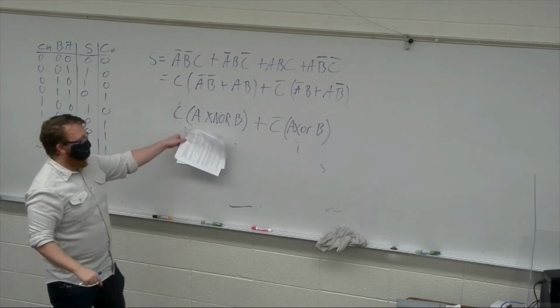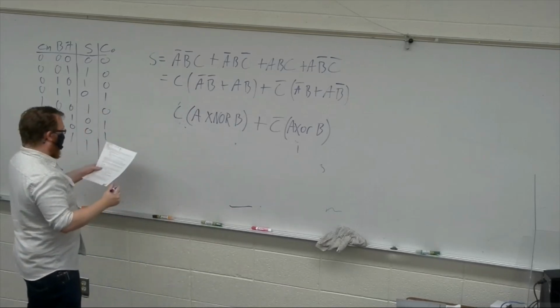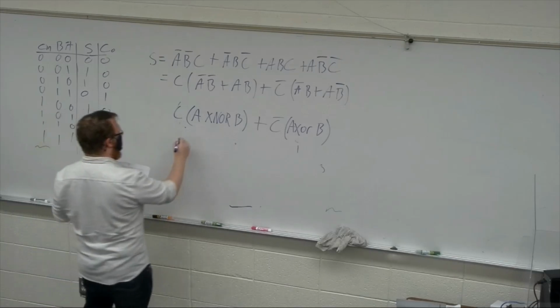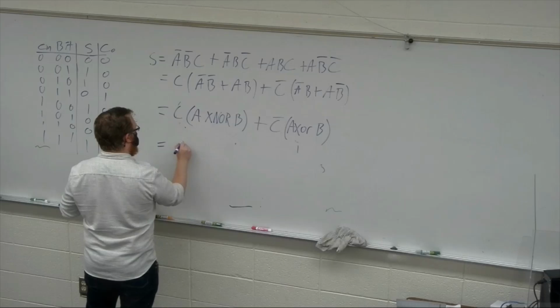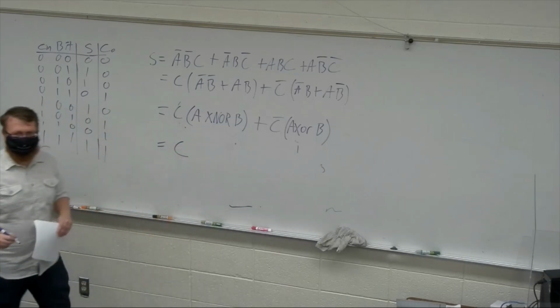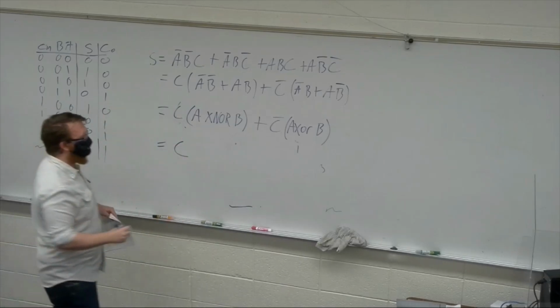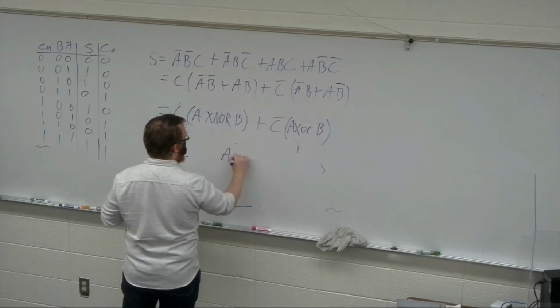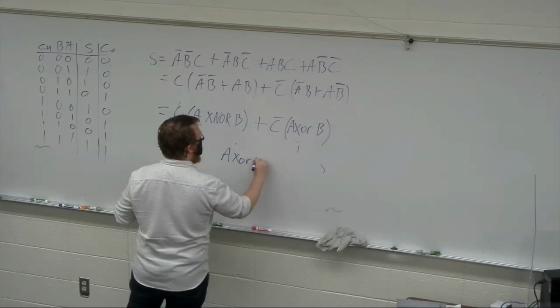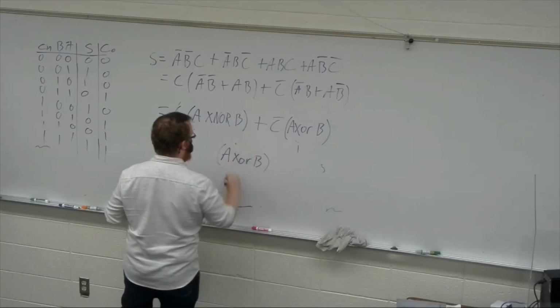Or we can consider it the other direction. It ends up not mattering. So let's say that I do have an equation that I want to worry about just C, right? And then I can just end up with, and I know I want it to depend on A XOR B, because that would be really nice.